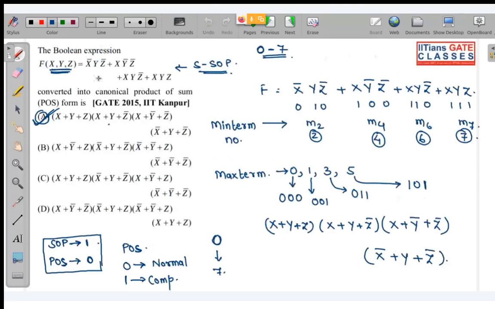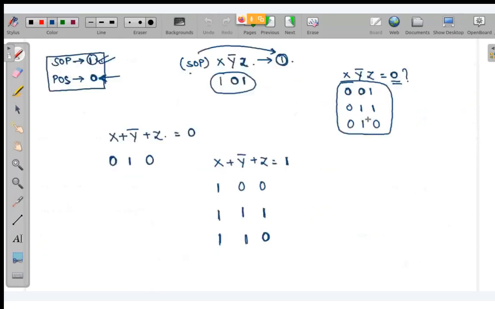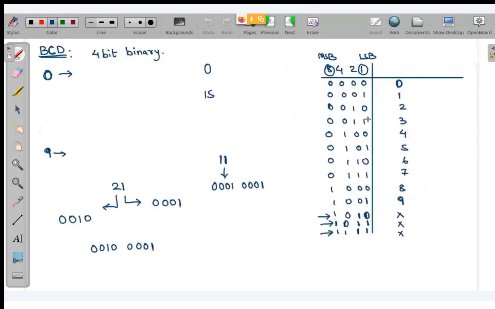In any question, if there is no mention of don't care, then whatever the minterm numbers are, all the remaining ones are maxterm numbers. But if there is a don't care, it will be mentioned explicitly in the question that these numbers are your don't cares. If any doubts, let me know, or else note down this concept. We will move on to the next question.